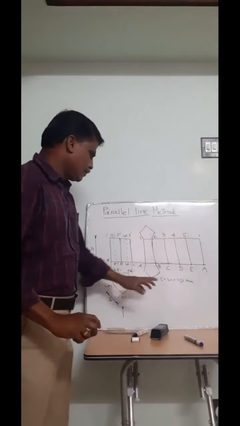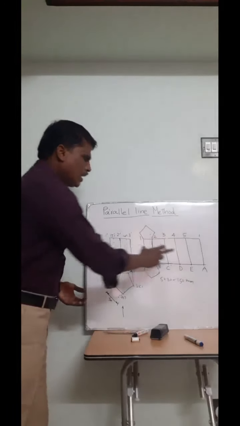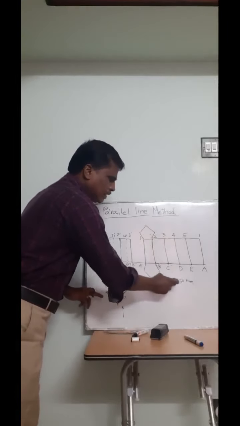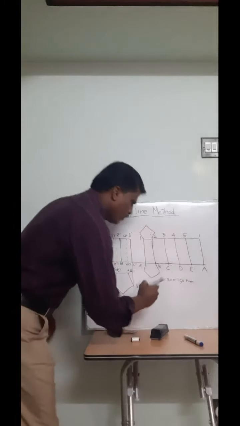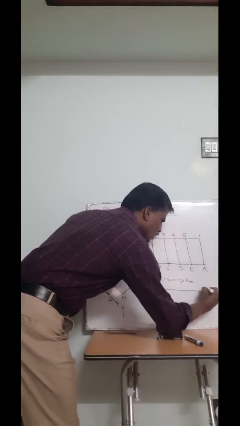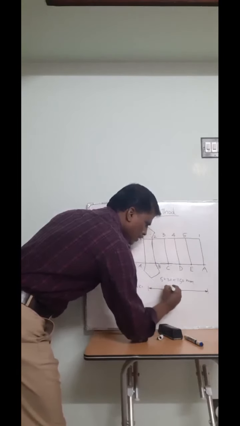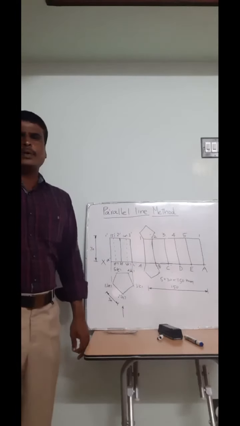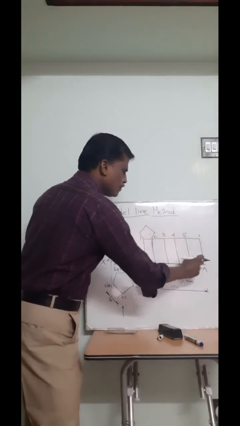Since it is a pentagonal prism, if I am going to open the prism, the length of the development will be 5 times the base edge. 5 into 30, that is equal to 150 mm. Therefore, the length of the development will be 150, and the corresponding edges will be 30.